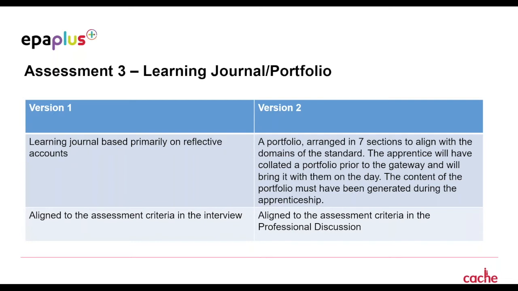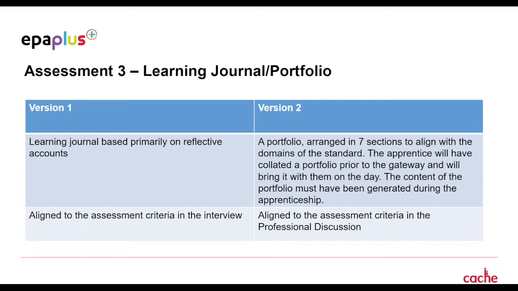Now, with version 2, it is quite different because instead you have a portfolio that's arranged in 7 sections to align with the domains of the standard. And the apprentice has to have collated that portfolio prior to Gateway and can bring it with them on the day. The content of the portfolio must have been generated during the apprenticeship.